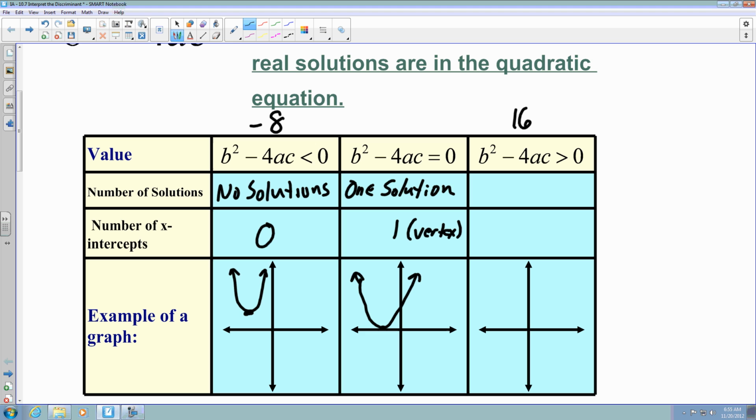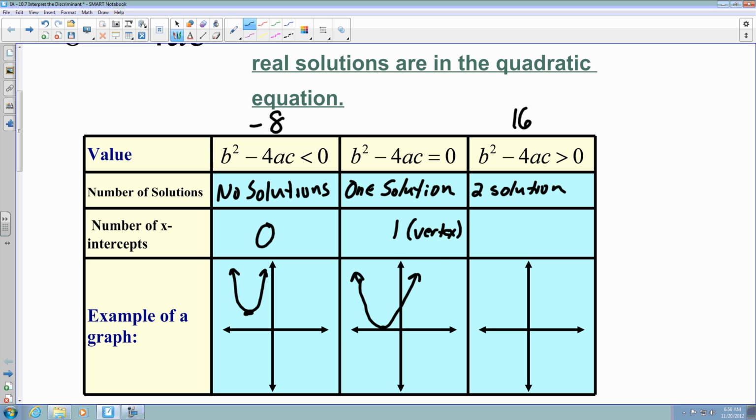And because it's positive, we can take the square root of a positive value, and that means we would be given two solutions. Because by using the quadratic equation, we get the plus and minus, so we'd have negative b plus the square root of the discriminant divided by 2a, and then negative b minus the square root of the discriminant all over 2a.